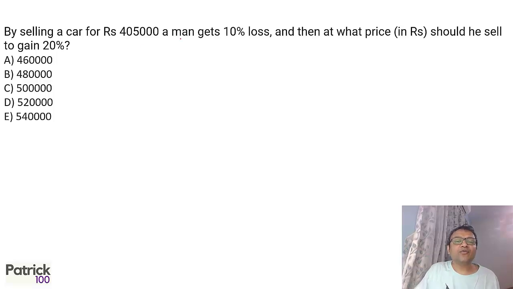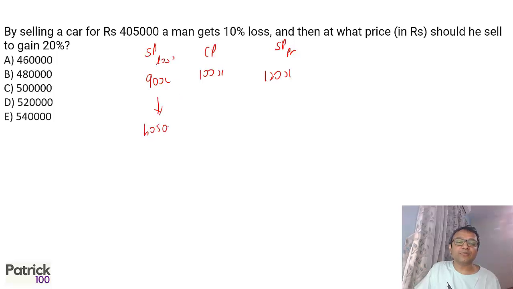By selling a car at 4,05,000, the man gets a 10% loss. So let the CP be 100x. The selling price at a 10% loss will be 90x, and the selling price at a 20% profit will be 120x. Now 90x stands for 4,05,000, so 120x stands for how much?